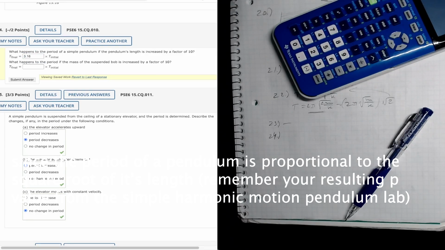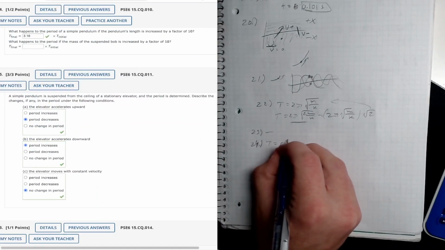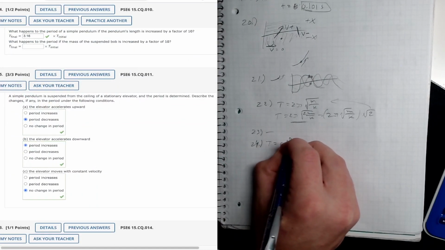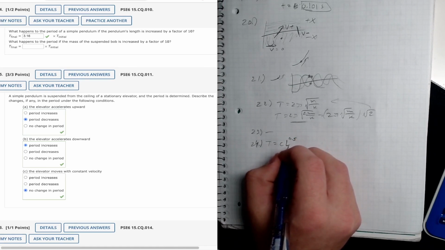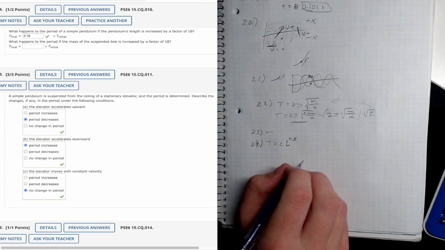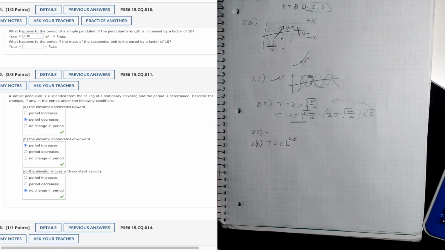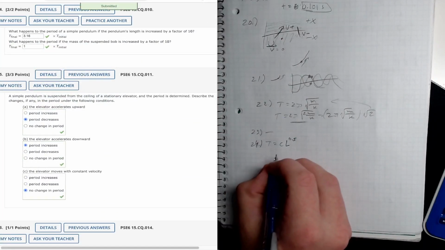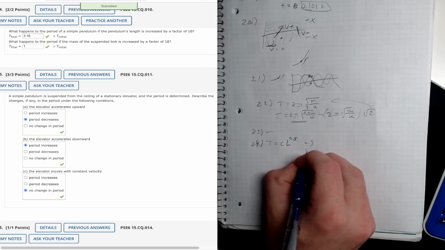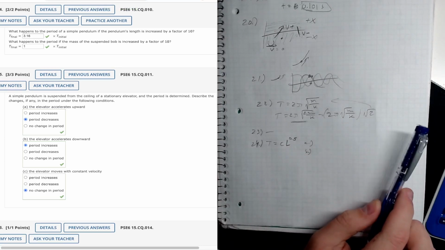Then what happens to the period if the mass of the bob suspended is increased by a factor of 10? Nothing, I don't think. Yeah, literally nothing, so it just stays the same, because mass does not affect the period.